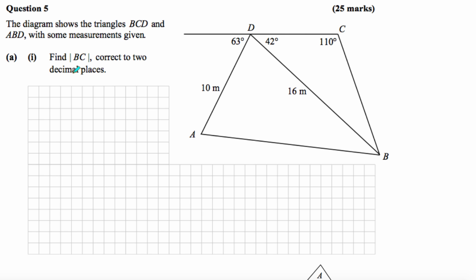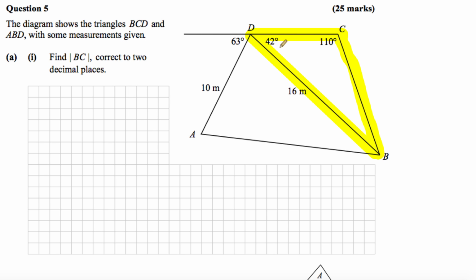So these straight line brackets here mean the length of, or the size of, the line BC, correct to 2 decimal places. So the line BC, you can see here, that's this line. We're looking for that line, and that line is part of this triangle here, triangle BCD.